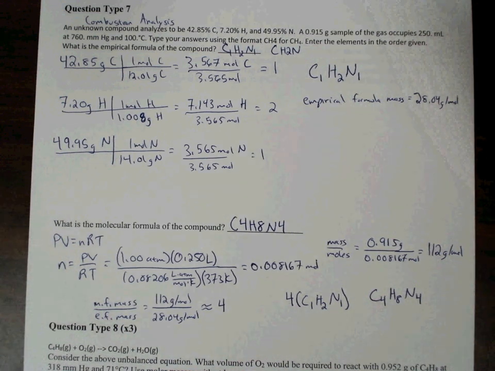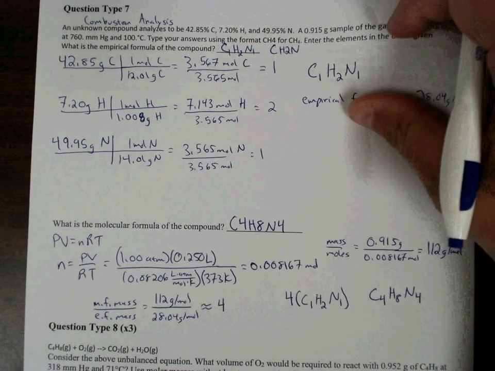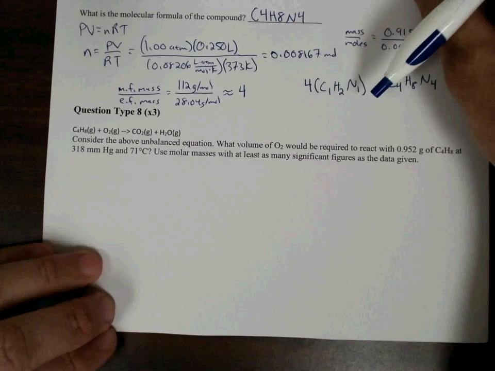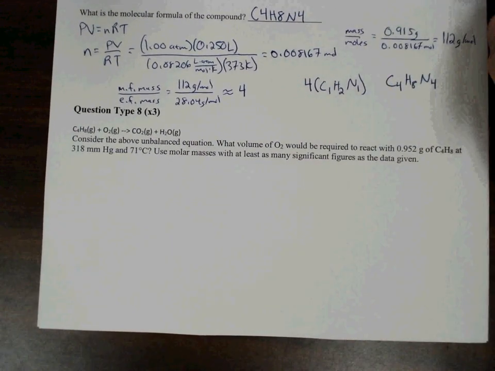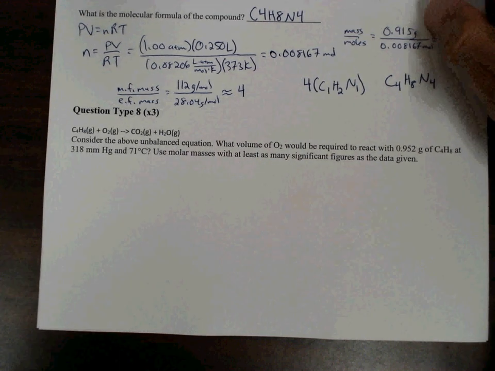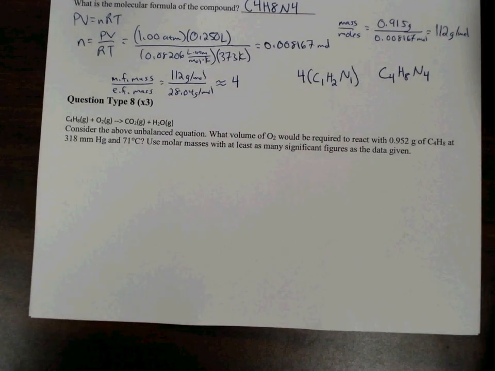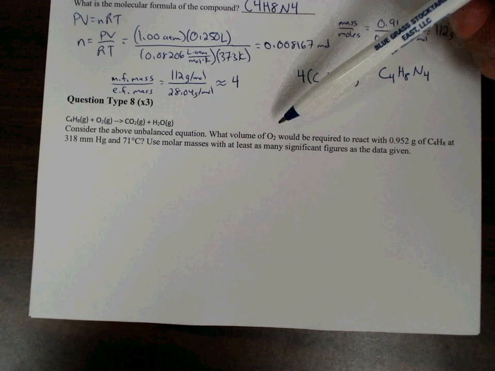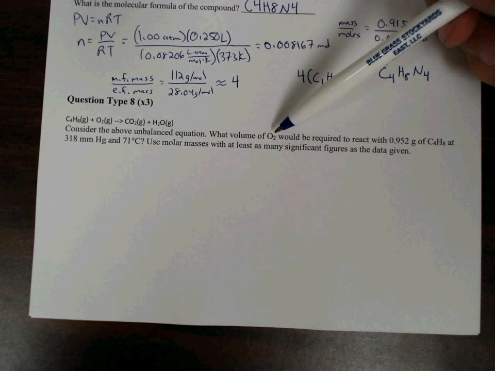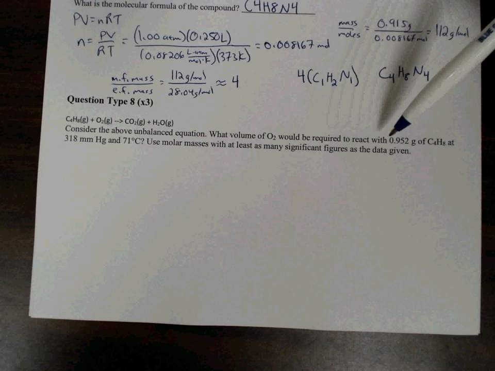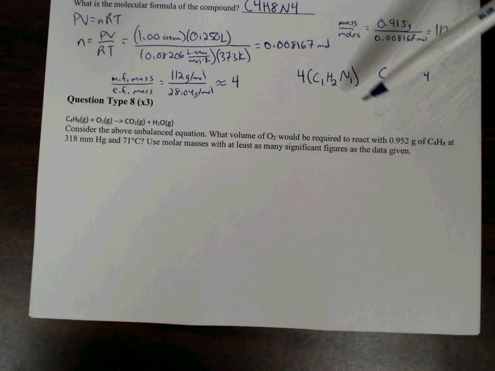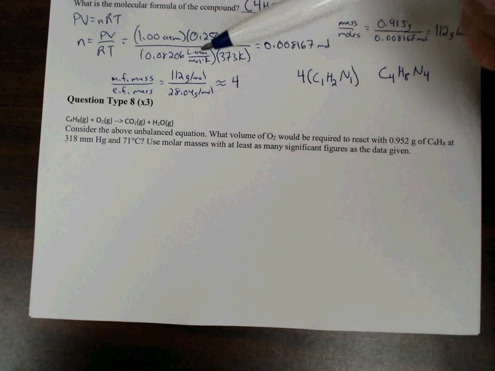Alright, now if you thought there was just going to be a lot of questions, you're right. You get to do the next question 3 times minimum. Okay, question type 8. We take an unbalanced equation. Then we're going to ask for what volume of one of the reagents we would require to react with a certain mass or volume of another reagent at certain conditions.